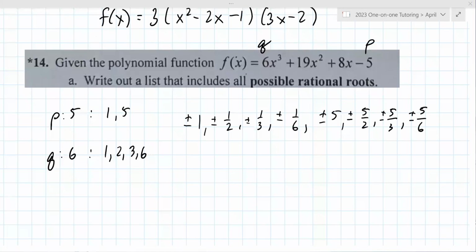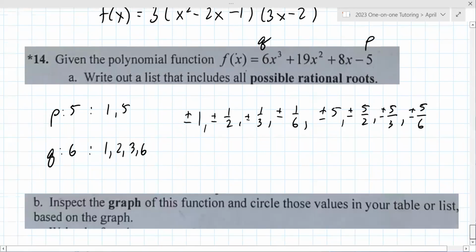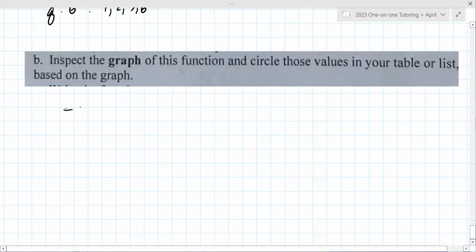I got a negative 2.5, a negative 1, and a positive 0.33. Okay, so how about that last one there? What would that last one be as a fraction?